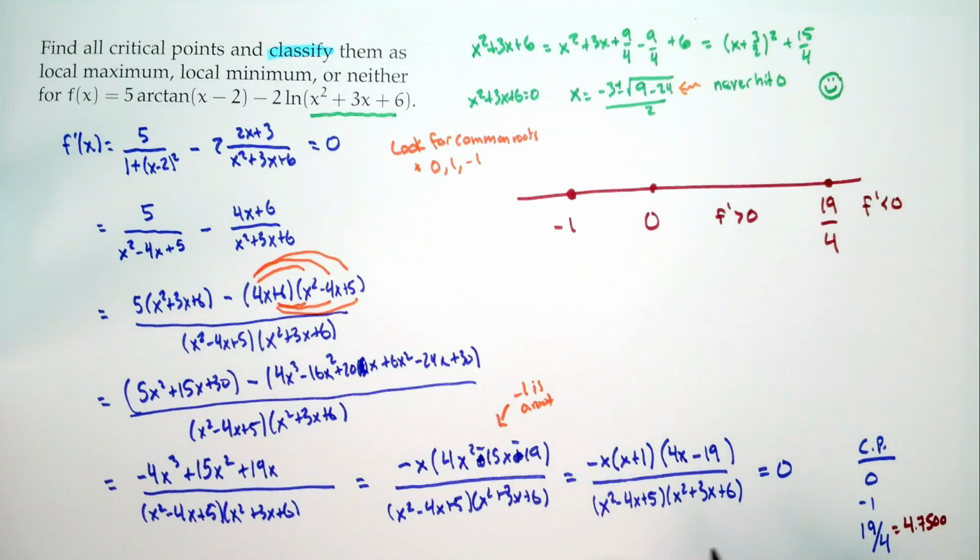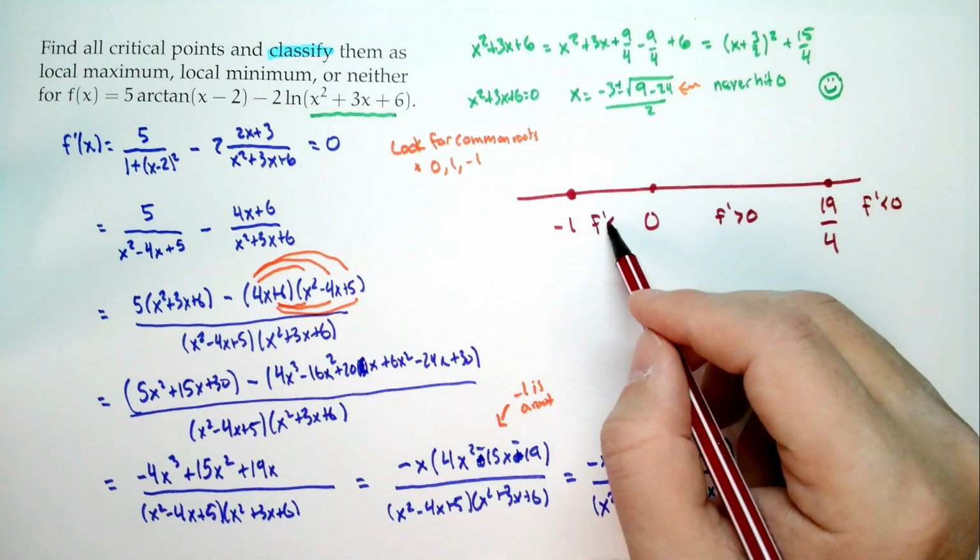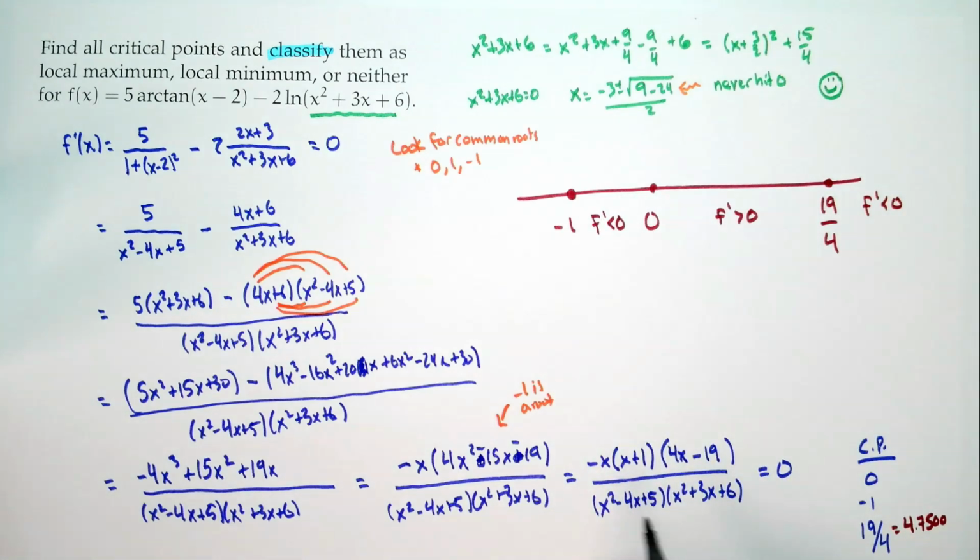Between negative 1 and 0, say negative a half, the x will be negative, but the x plus 1 won't be negative yet. And the 4x minus 19 is definitely negative. So there are three terms which are negative, which means that we're going to flip sign. And finally, if I pick a number like, I don't know, minus 100, it's negative, and that's very negative.